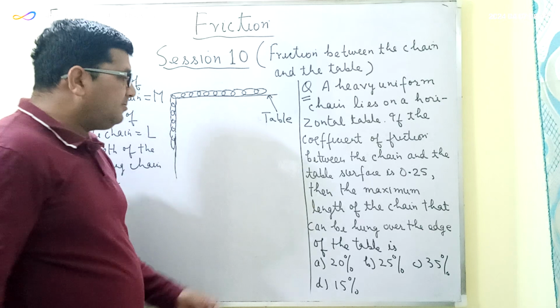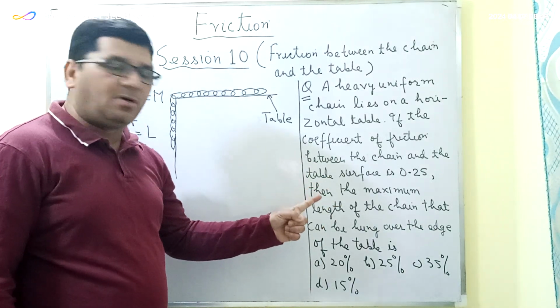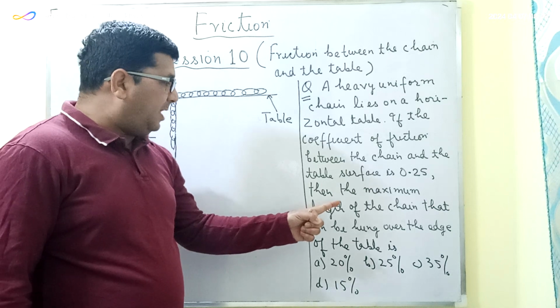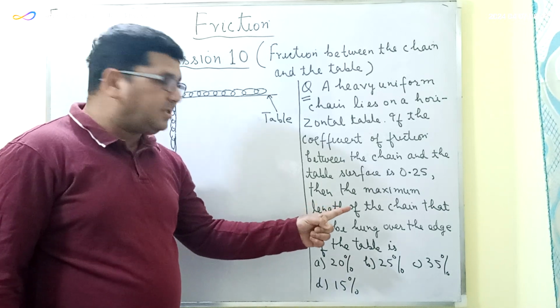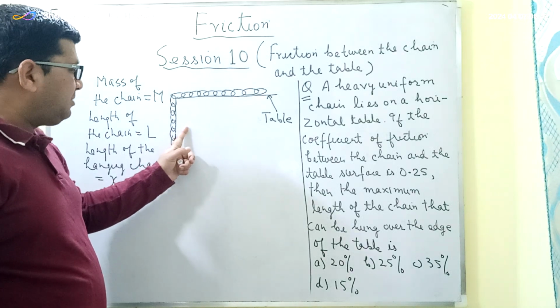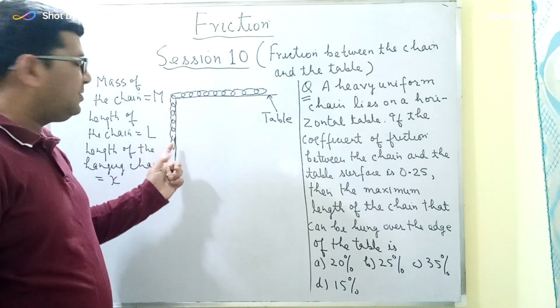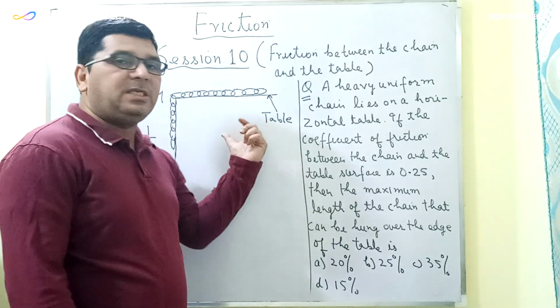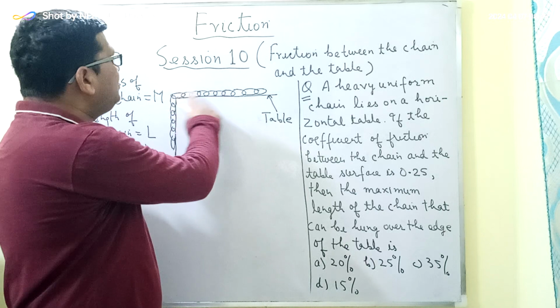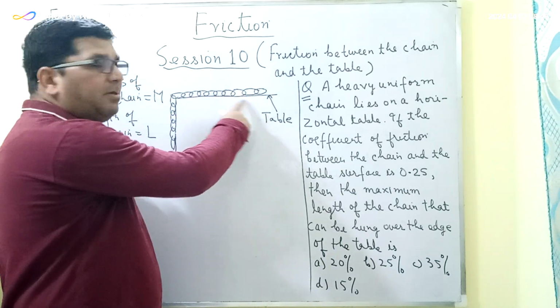Now here I will be using one important concept, and the concept is the maximum length of the chain that can be hung over the edge of the table depends on the force of friction due to the chain which is lying on this table.